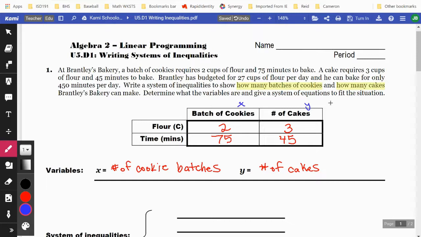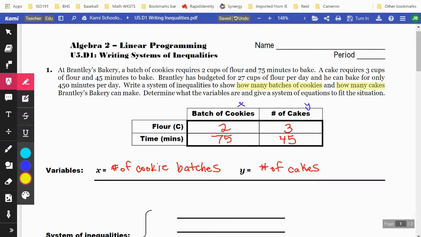Now there's a little bit more information that we know that we did not necessarily use yet. Give me 1 second to highlight. 2 cups of flour, 75 minutes to bake, 3 cups of flour, 45 minutes to bake.